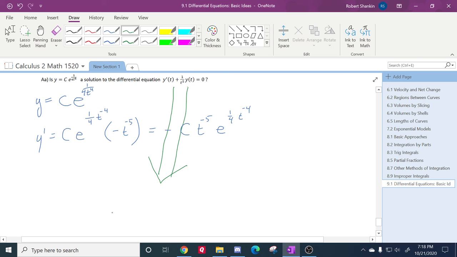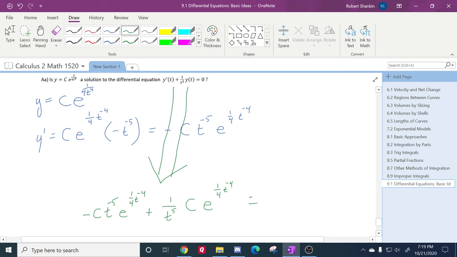So y prime becomes negative c t to the minus 5, e to all this stuff, plus 1 over t to the 5th times the y, which is c e to the 1/4 t to the negative 4.